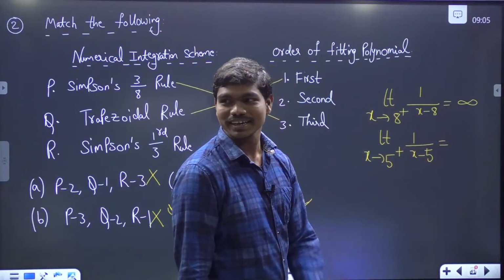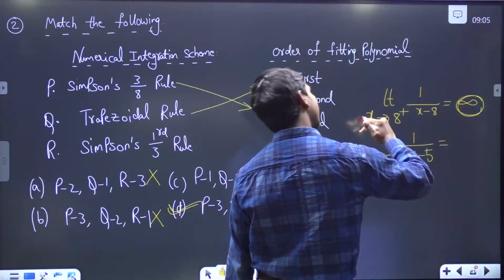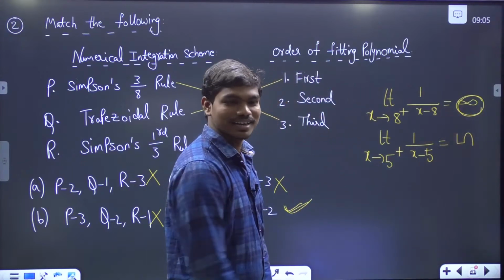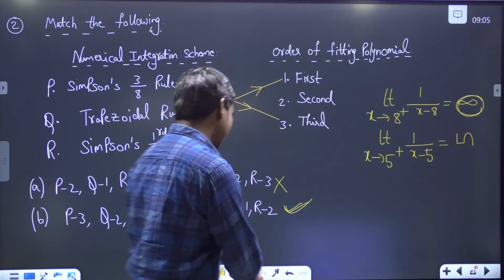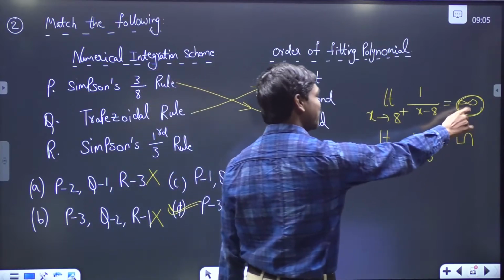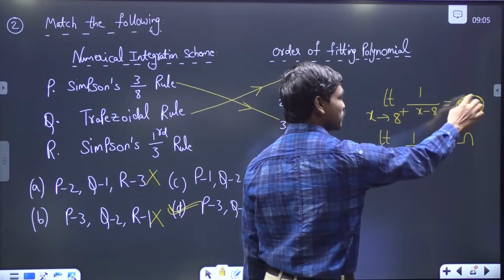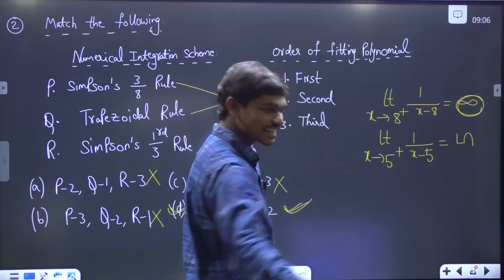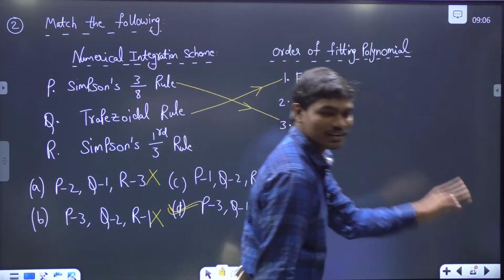But there is one particular student at class 11 level who is very intellectual. He thought this symbol is the 90 degrees rotation of 8, and he answered this as something like this. He didn't know what infinity is, and he tilted this 8 by 90 degrees and assumed this. Of course he is a class 11 kid, so not much issues with him. But don't do such kind of things.